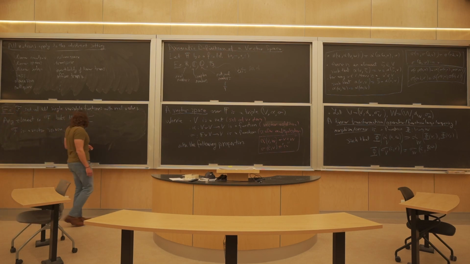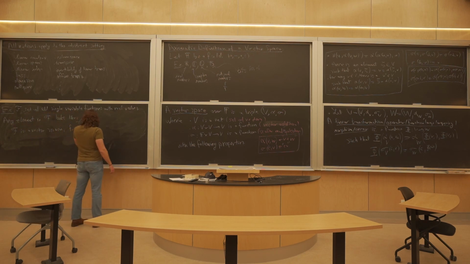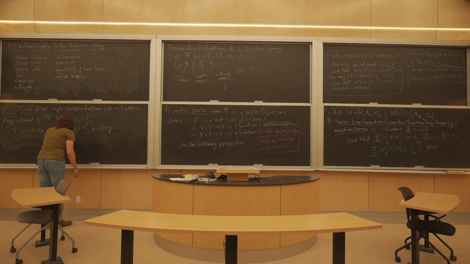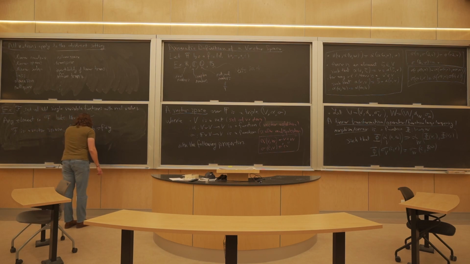So if I have two functions, according to the axiomatics, the sum of them should also be a vector. That is to say, the sum of them should be another function. Well, so let me call h to be f plus g. And what is h of t, let's say? I need to tell you what h of t does. Well, h of t equals f of t plus g of t. I'm just adding entrywise or coordinatewise.